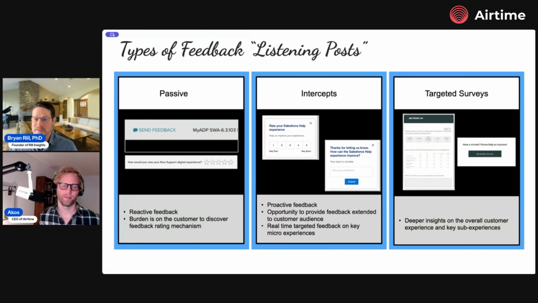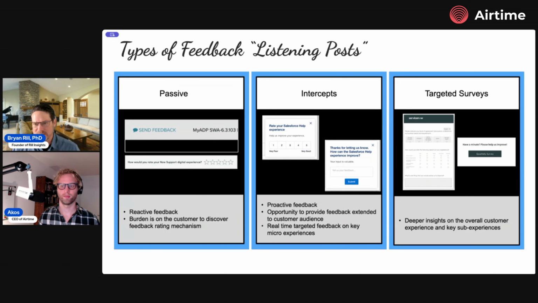If you're using something like this for your CSAT or your CES, you're still getting transactional feedback, but it's much more balanced in terms of the type of feedback you get. If you study this over time, you'll see a much more representative sample of sentiment with an intercept. Also, you can pick when and how that intercept shows up, so you have a lot of control over that one.